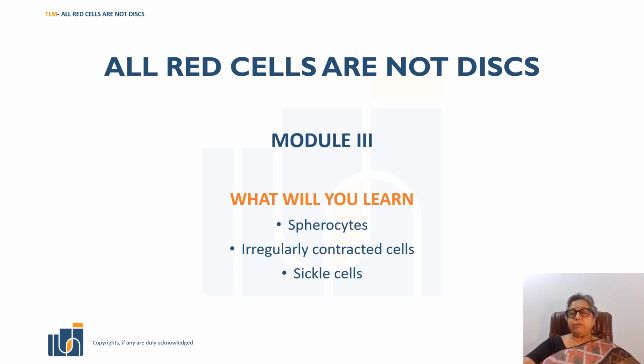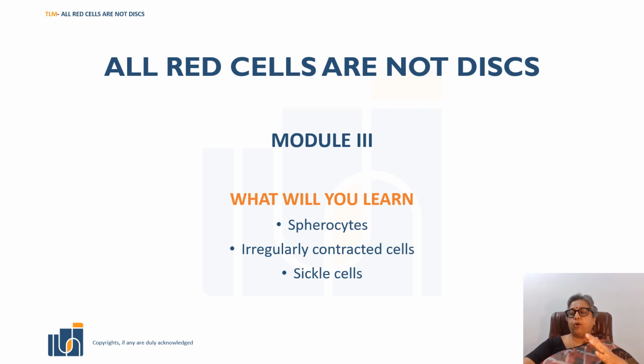We've seen in the previous two modules what a poikilocyte is, an abnormally shaped cell, and the classification of poikilocytes. We've gone through quite a few of them, which include the spiculated cells, the elliptocytes, ovalocytes, and so on.